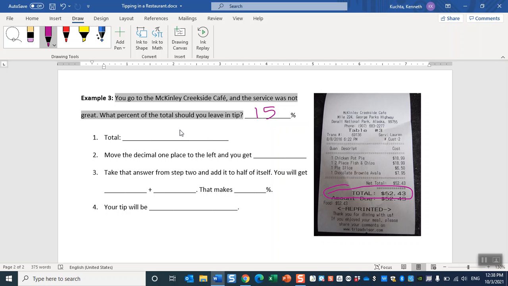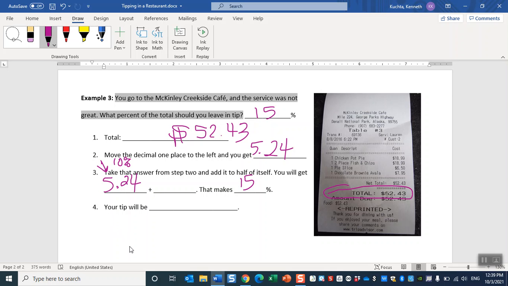It's 52.43. Yeah. You can tell I'm struggling because my handwriting is usually way better than this. Move the decimal place to the left and you get 5.24. Okay, the 3 you can ignore because it's not going to round the 4 up. So you're going to take this answer from step 2, 524, and you're going to divide it by 2 because this is 10%. Okay, 524 is 10%. All right, you're going to divide that to get 5%, and that makes 15%.